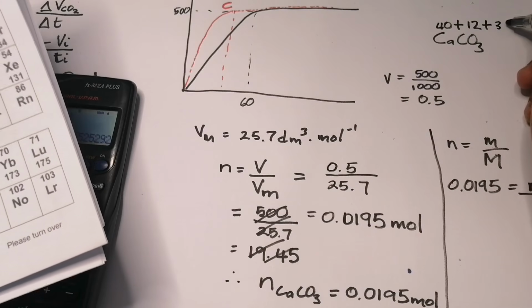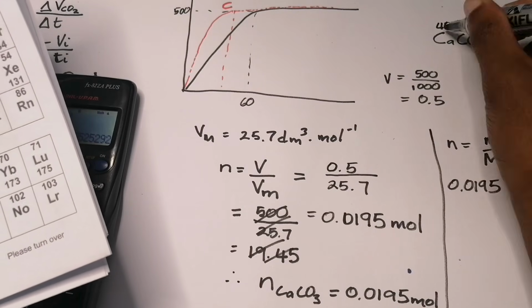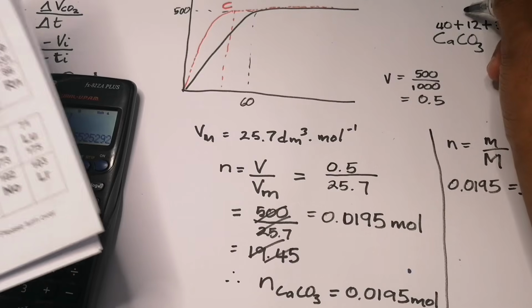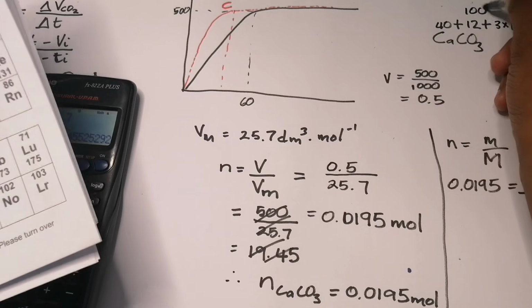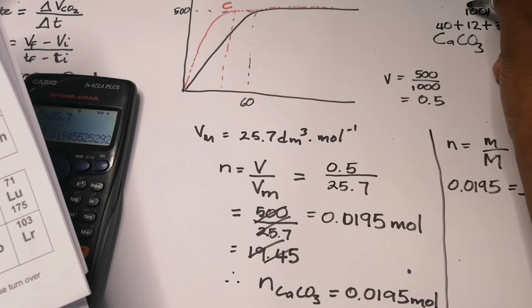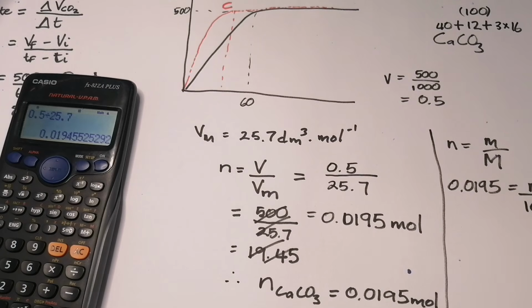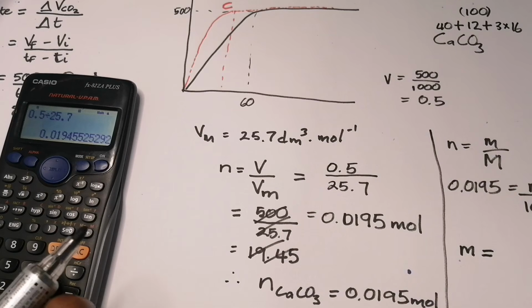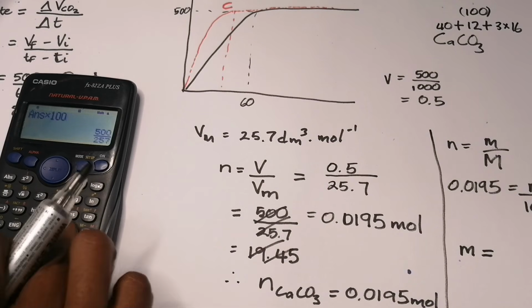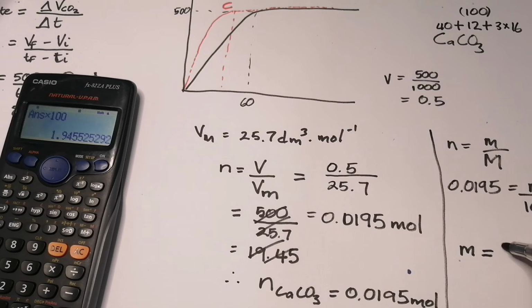You've got 3, so that's 3 times 16. When you add all of those up, that will give you 100. So the molar mass of calcium carbonate is 100. You can do that yourself, ladies and gents. In this case, all I want to do is to get the mass. So let's multiply 0.0195 by 100, and the mass is 1.95 grams. I hope that is quite clear.